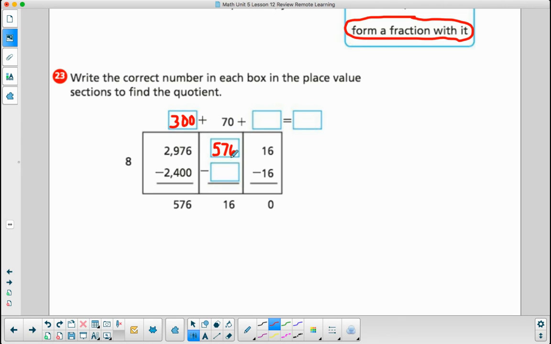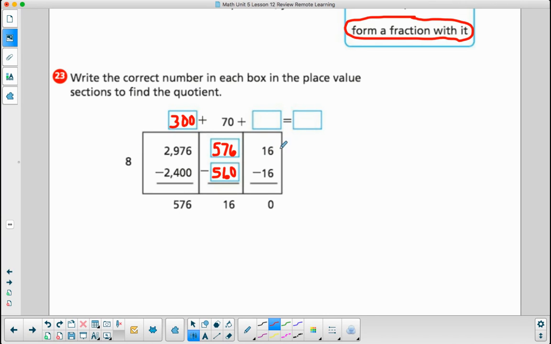Well, they said it would be 70 long. 70 multiplied by 8 is 560. And there would still be an area of 16 left. Well, that 16 they brought back up here.